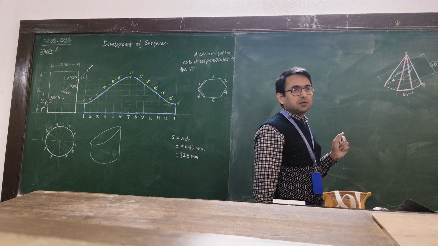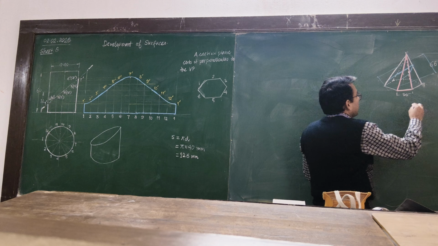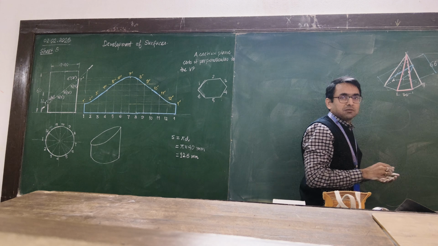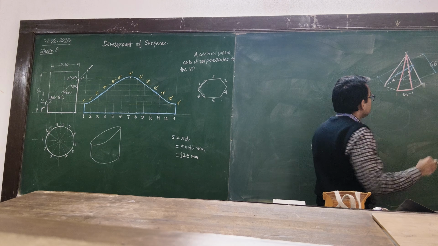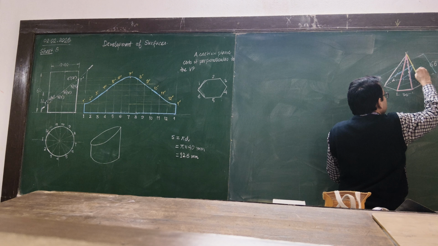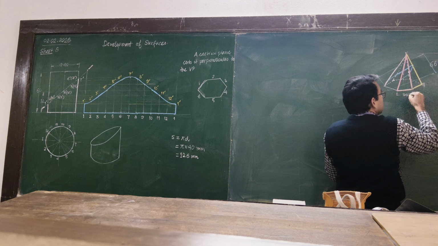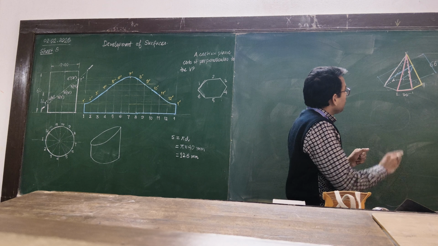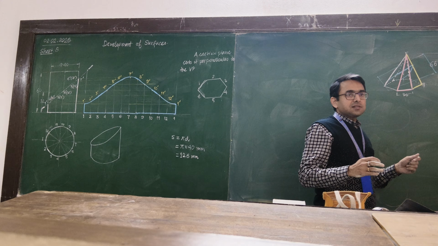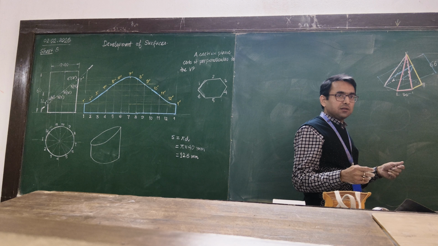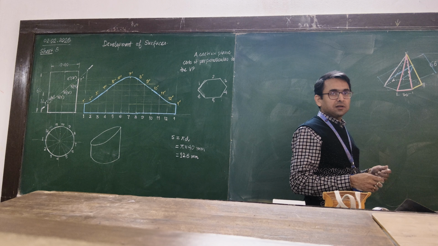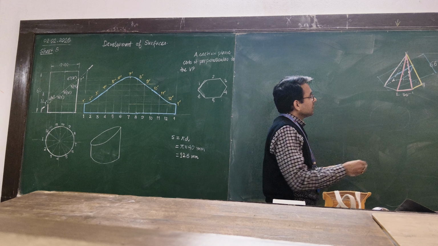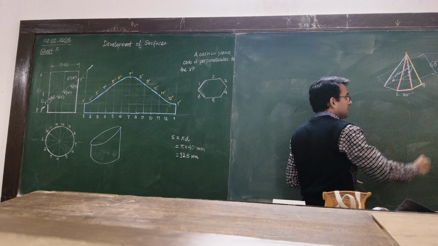Triangle. And then this one. What is that? Triangle. So all six sides, all six lateral surfaces are triangles, right? Same triangle, identical triangle, right? Clear? And this is the hexagon.